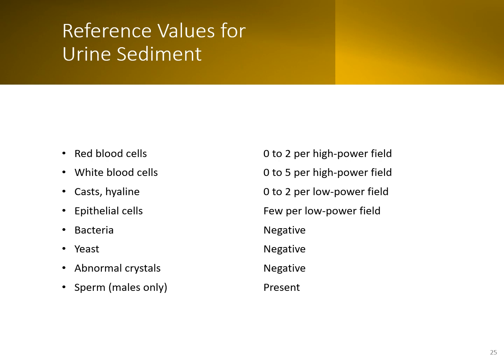Bacteria, there should not be any bacteria within urine, nor yeast, nor any sort of abnormal crystals. And with males, it could be present, so it's really up to the provider, the physician, to determine, according to the health status of the man and what they're looking for, whether or not it's considered clinically significant.